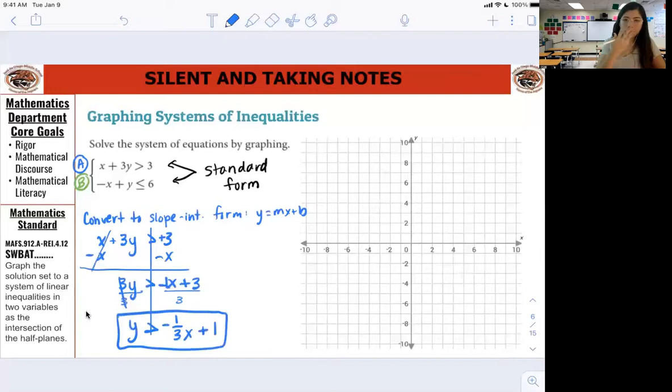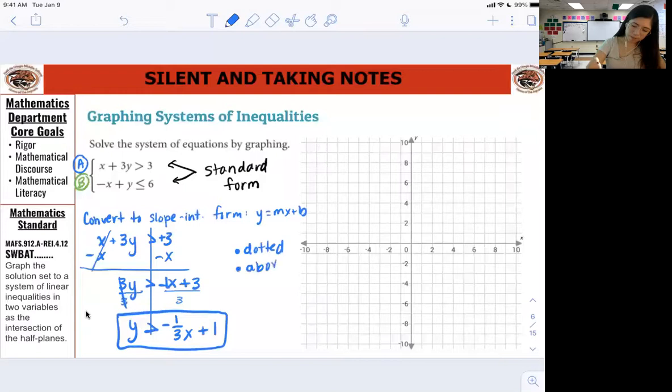Now, what are the 3 things I can determine from that inequality? Actually, 4 things, technically. Whether it is a dotted line, that's above. Dotted, above.